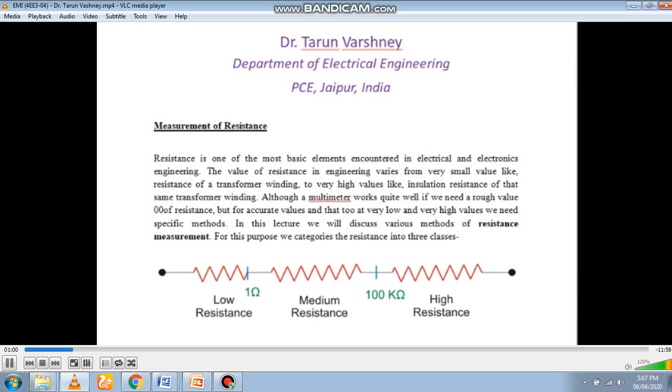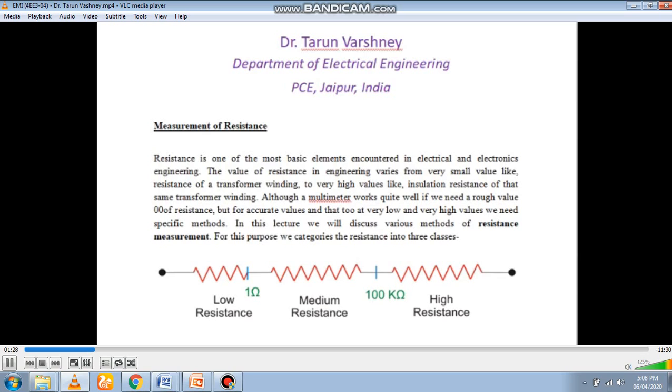Although the multimeter works quite well in the laboratory and gives a rough value of resistance, for accurate values of very low and very high resistance we need some specific methods. In this lecture, we will discuss various methods of resistance measurement.